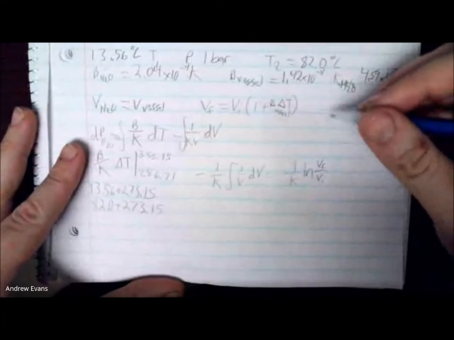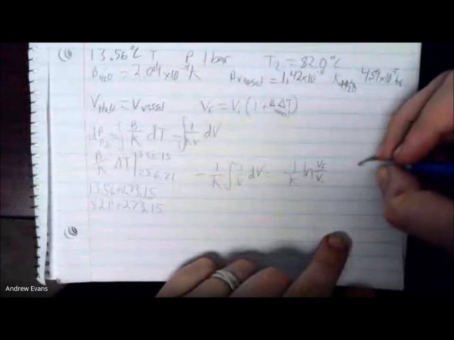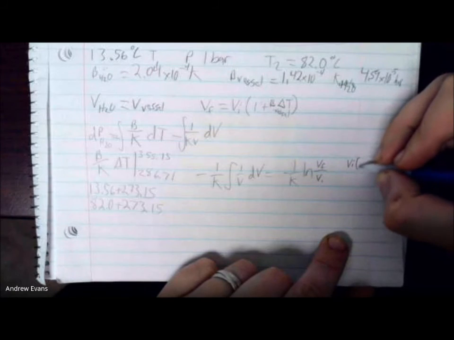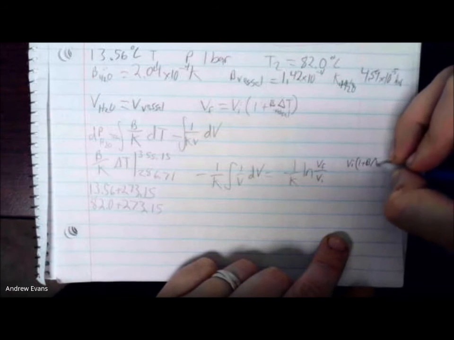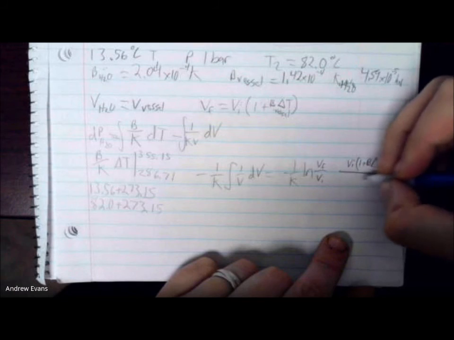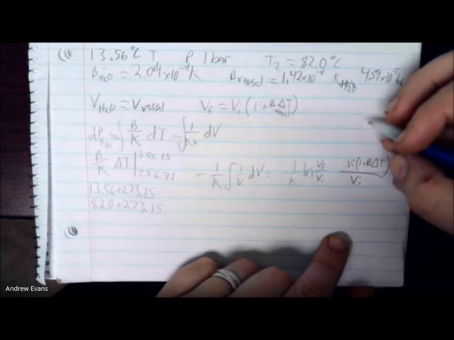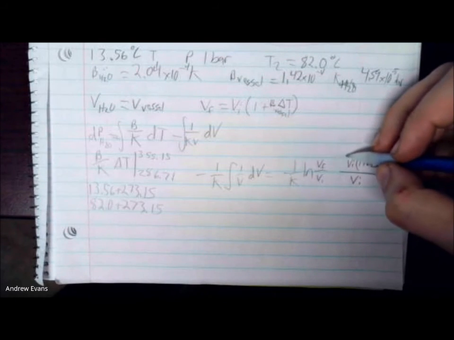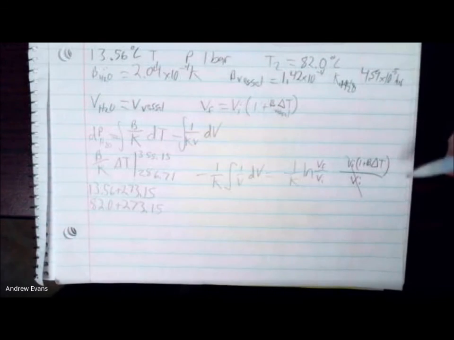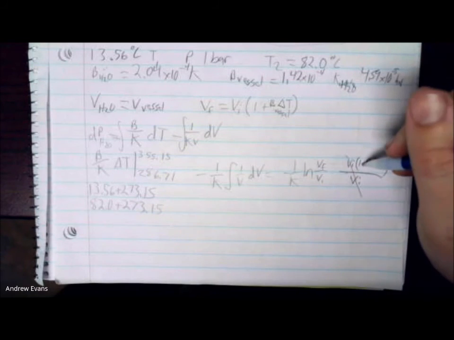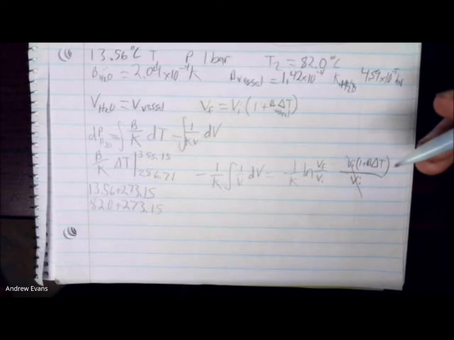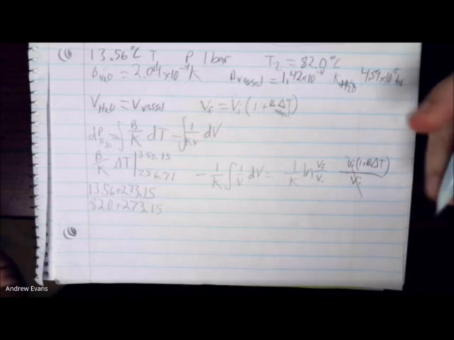What we just said is that Vf over Vi would be Vi times 1 plus beta delta T over Vi, so Vf is that and Vi is just Vi. So what does that mean? That means you can look at the natural log of 1 plus the beta of the vessel times the change in temperature.